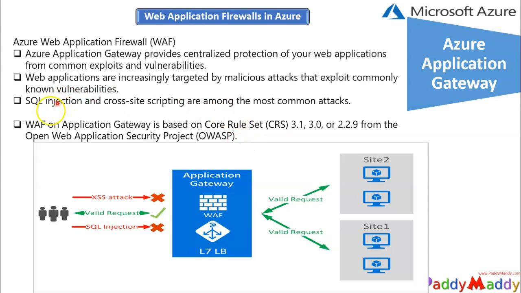This is an open project, so you can choose a core rule set or use OWASP or any of the configurations. You can choose it when you're configuring an application gateway. And if somebody is trying to do SQL injection, WAF can protect, only allowing the valid requests and redirecting them to your backend web applications.